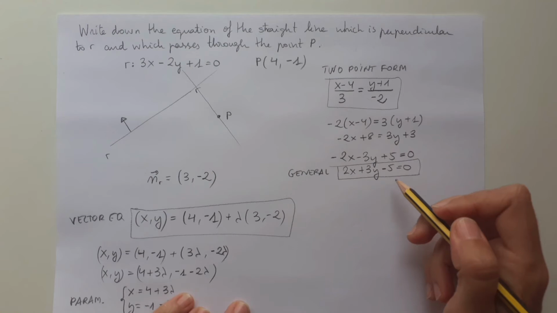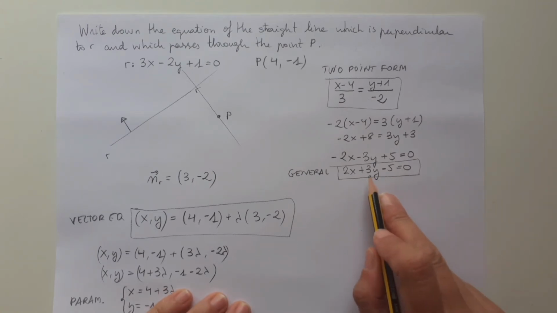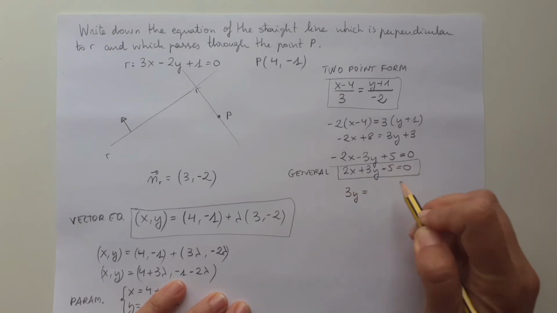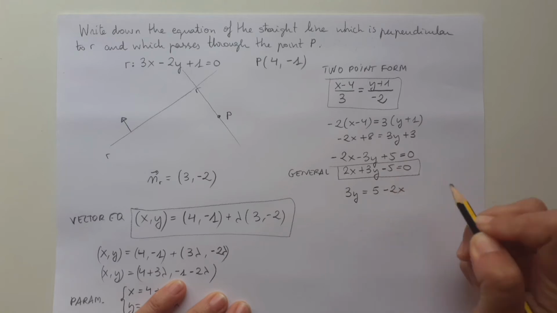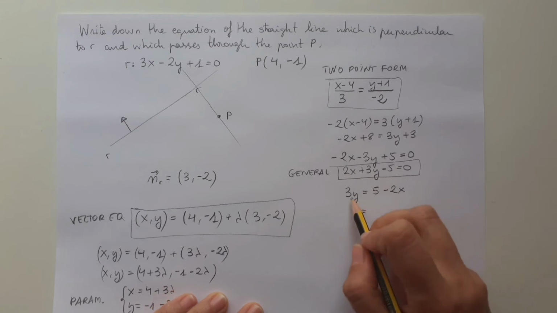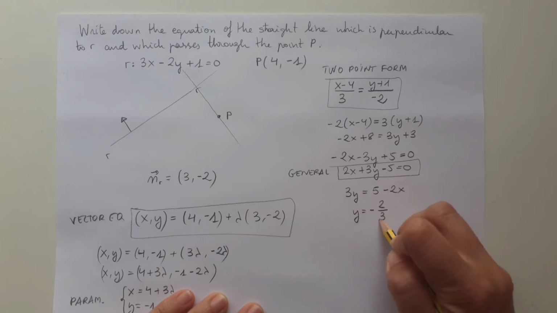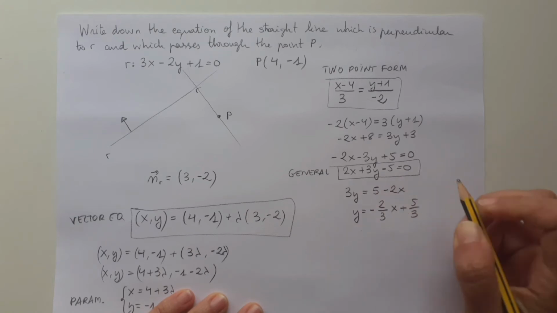Then we need two more. First, the slope intercept form. Let's isolate y. To isolate y, I leave it here. I place this here adding, and this one subtracting. And now I have to divide by 3 the whole equation. And I would have, let's change the order at the same time, negative 2/3 x plus 5 over 3.